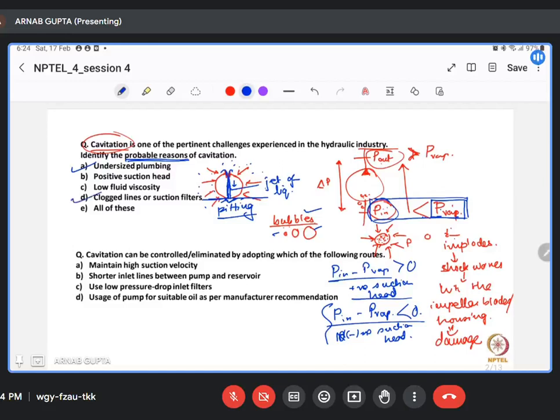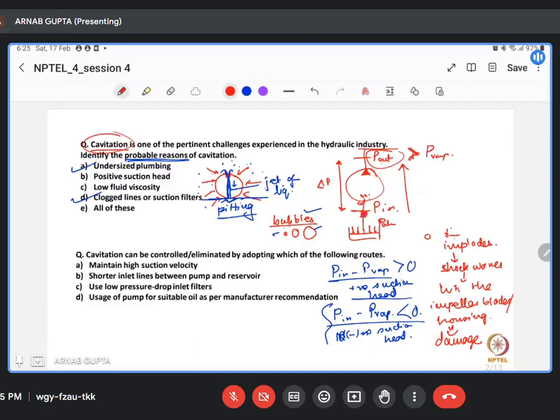So if you have any suction filter here, and that is causing a pressure drop. Suppose you have this P in, and then you have a filter. Wait, let me just clean this up a little bit. Okay, so this is what I had written as P in, and here you have the tank, and the tank is acted upon by the atmospheric pressure. So here you have some sort of filter.